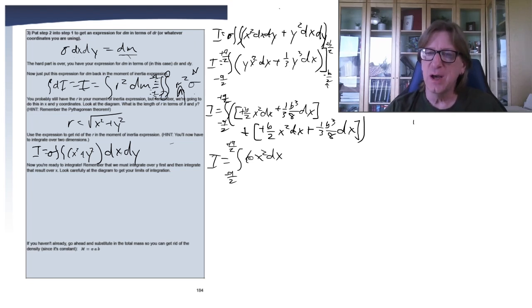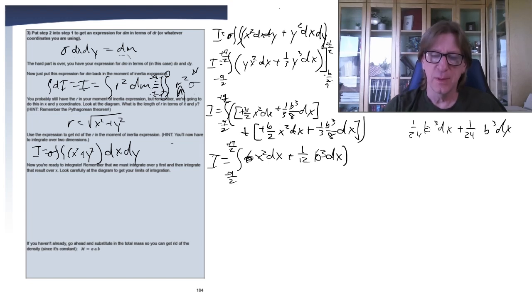So I've got 1 over 24 b cubed dx plus 1 over 24 b cubed dx. Well, that's 2 over 24 b cubed dx, which is 1/12 b cubed dx. Let me make that b a little easier to read. It's lost in my parenthesis there.